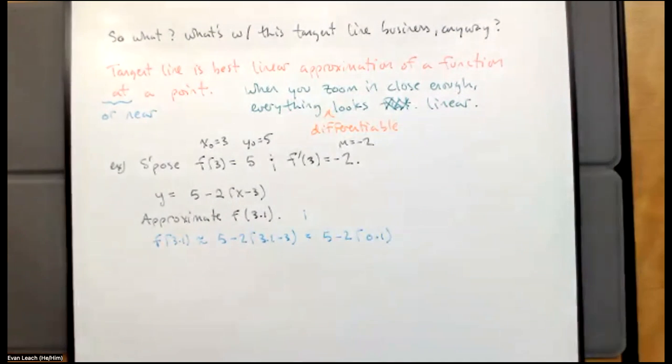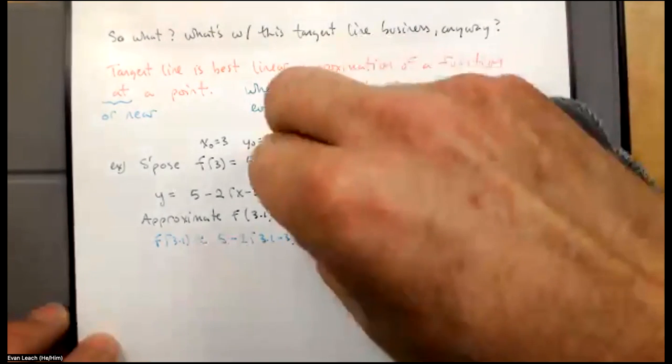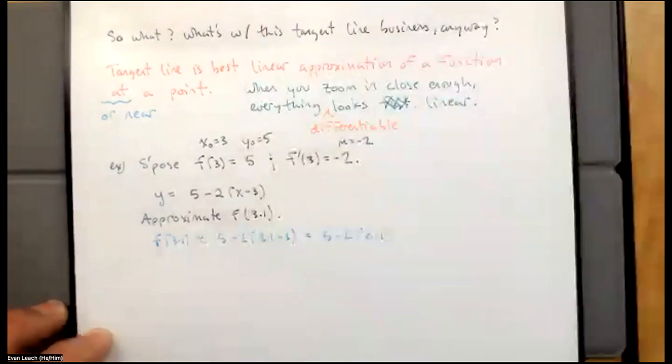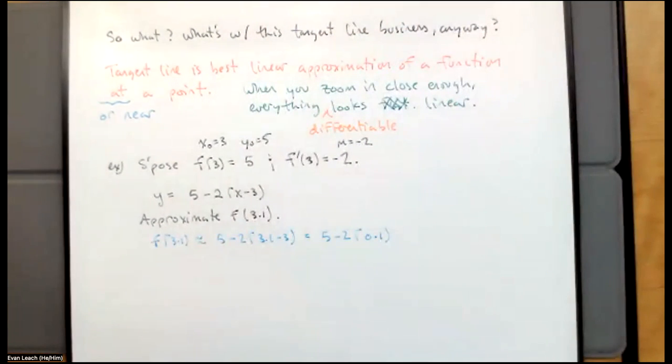We have a slope of -2, so if the function is approximately decreasing by 2 when x increases by 1, we just want to know how much x is actually increasing: by 0.1.